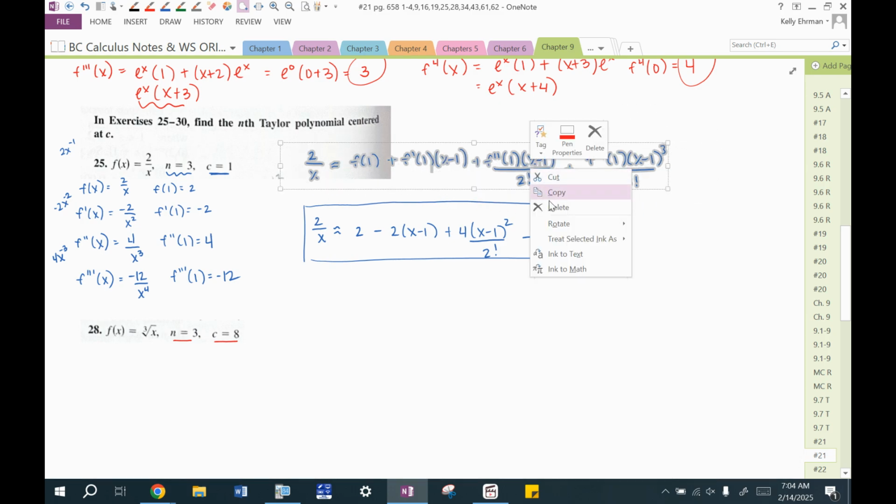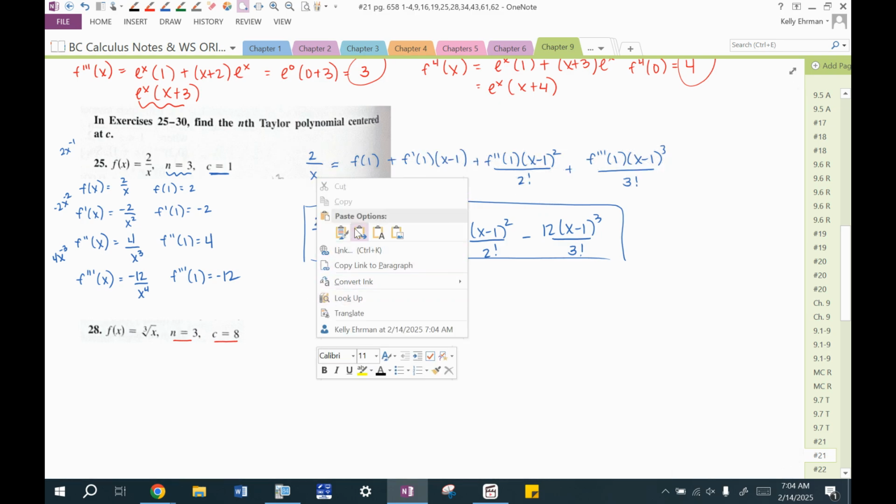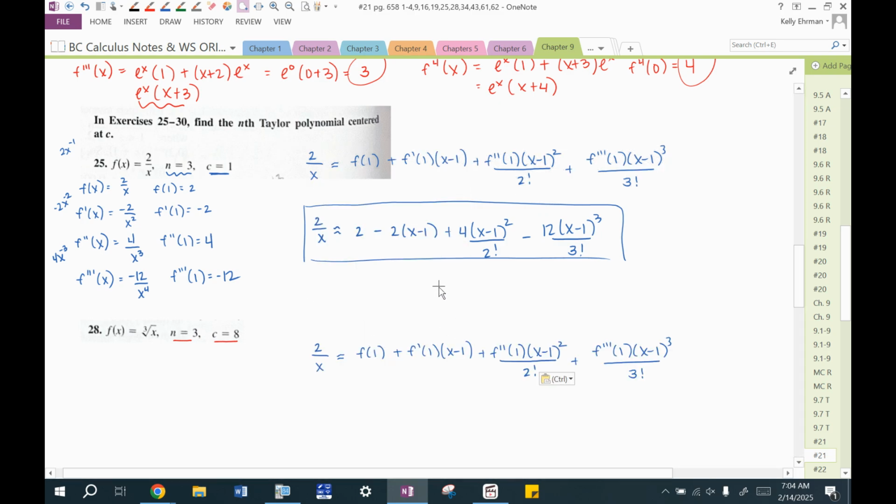It's the same idea, but what changes will I have to make? So let's see. A few changes. This is not 2 over x. This is cube root of x. These are not 1s. We're centered at 8.